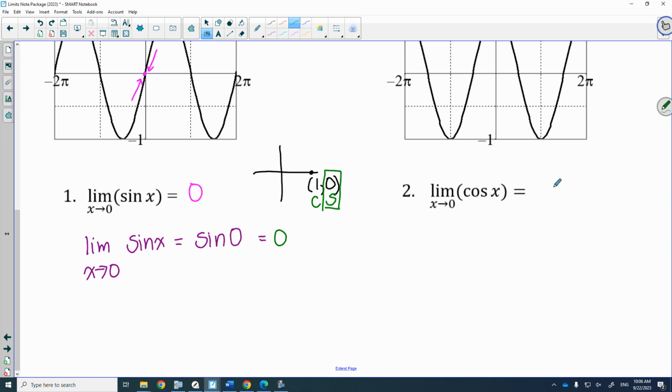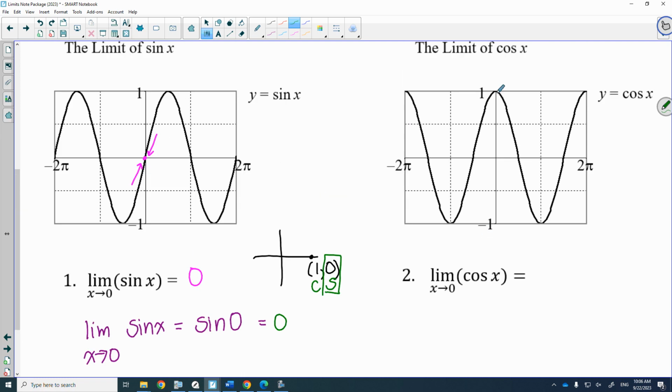If we were looking at the cosine graph, it starts at its peak. So it starts at 1 and goes into a fall. If we were answering the limit as x approaches 0 of the cosine of x, as I approach from the left and from the right-hand side, my function is approaching 1.